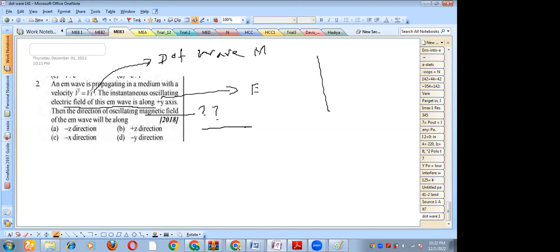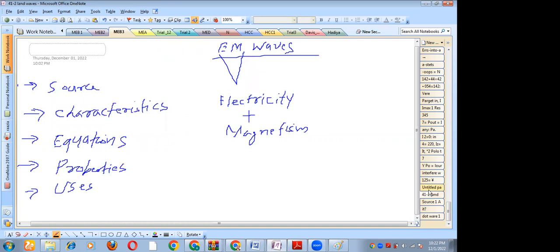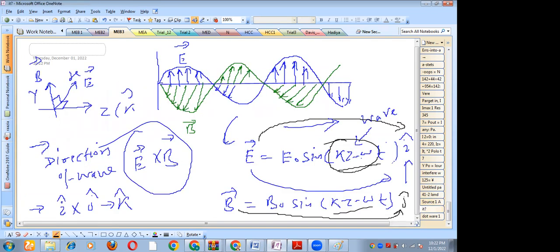So you can draw a diagram like this also. What we know is that E cross B, as I have dictated to you, gives the direction of wave.